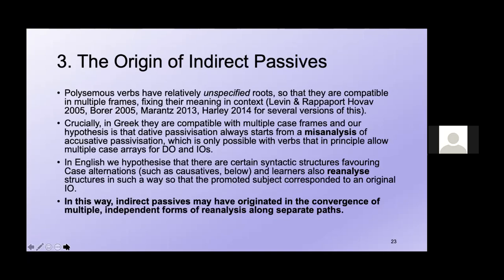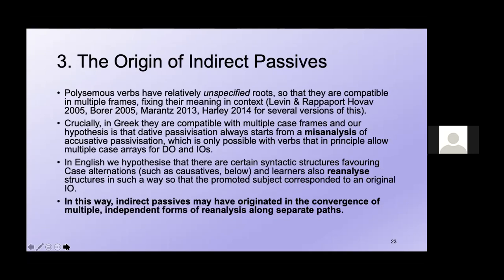And crucially, in Greek, they're compatible with multiple case frames. And our hypothesis is that dative passivization always starts from a misanalysis of accusative passivization, which is only possible in principle with verbs that allow multiple case arrays for direct and indirect objects.